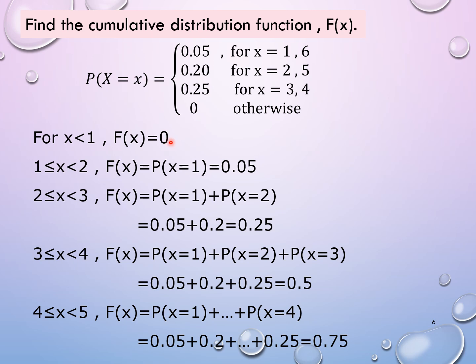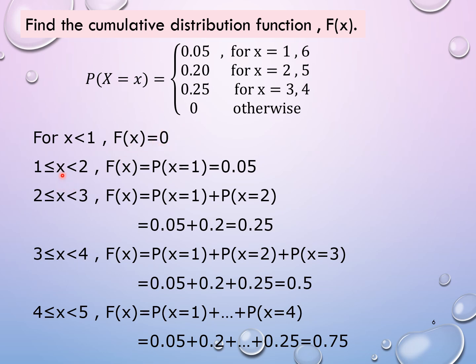And why is it 0? Because in here, we only have x equal to 1. For x less than 1, it is otherwise, so the probability will be 0. When the probability becomes 0, so does the cumulative distribution function or CDF.